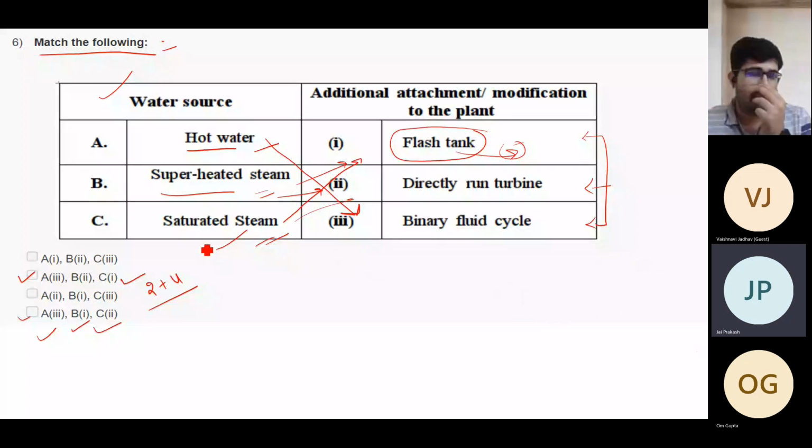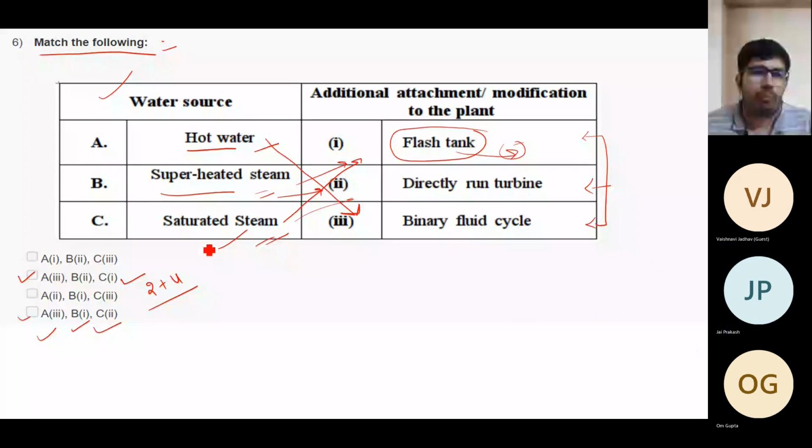Because if you are not investing 50,000 rupees and you are damaging blades worth maybe 20 lakh rupees, then that is not economical and not a good option. So let's put a flash tank that will remove the water droplets from the steam and give pure steam.